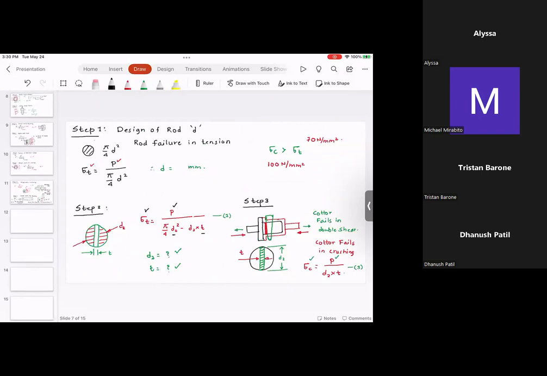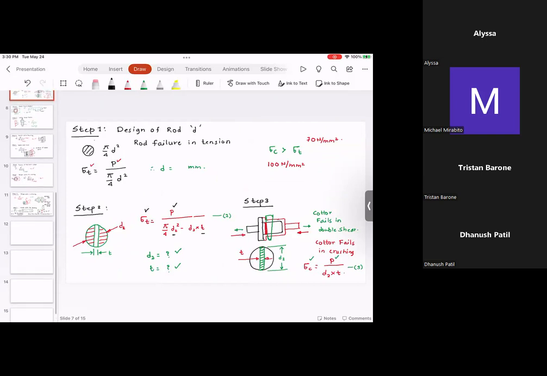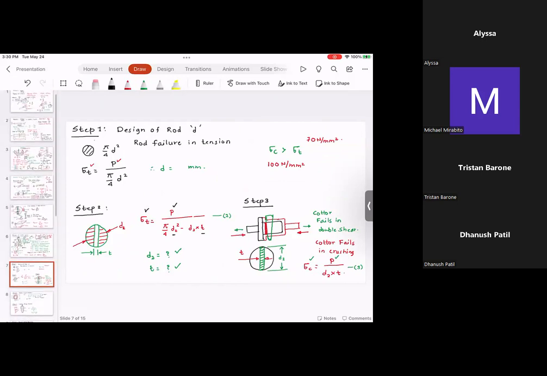This chapter is chapter 12. So I'll just write this down. Chapter 12 from the textbook.